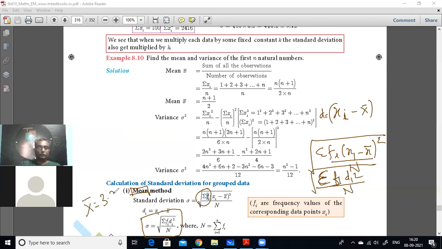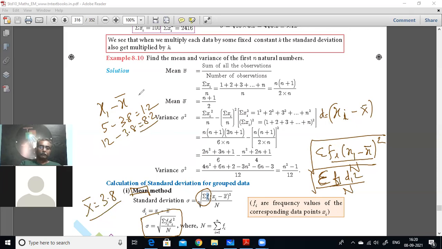Suppose you get 3.8, then calculating the deviation x i minus x bar every time, 5 minus 3.8 will be 1.2, then 12 minus 3.8 will be 8.2, like that.